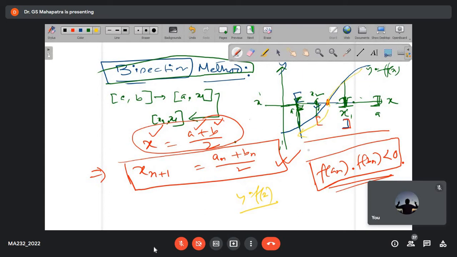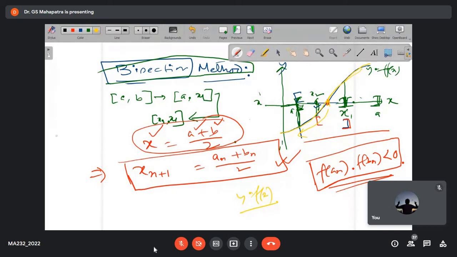Or else we can say it is totally increasing. Just see the function is increasing. y equals f of x is an increasing function throughout x.